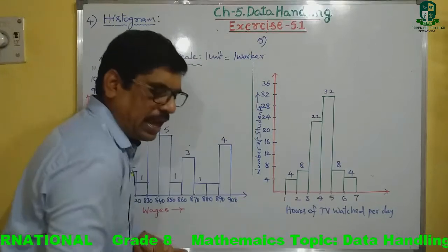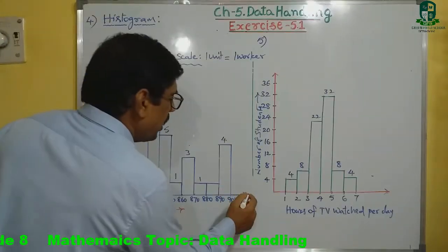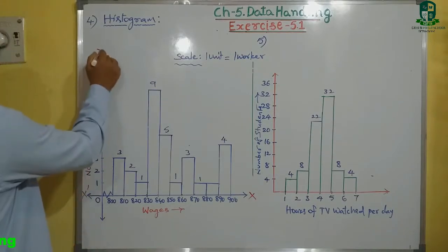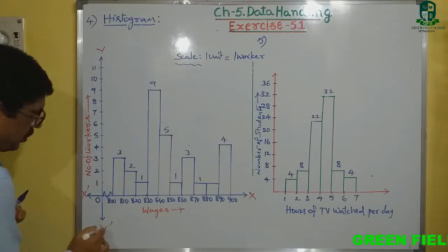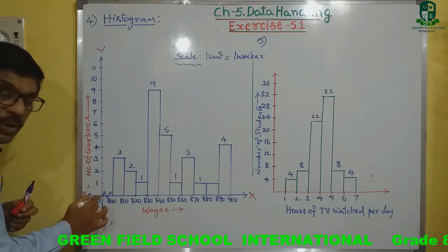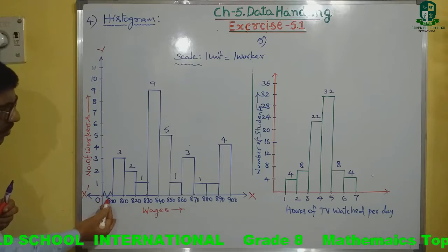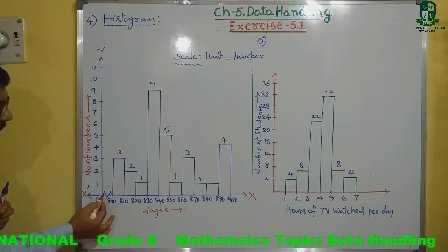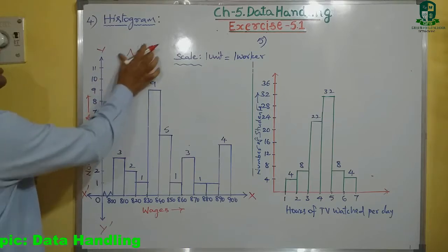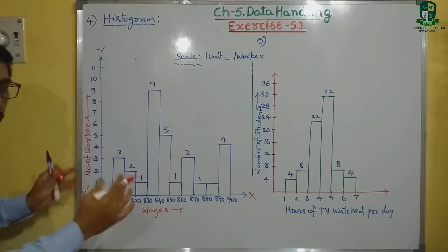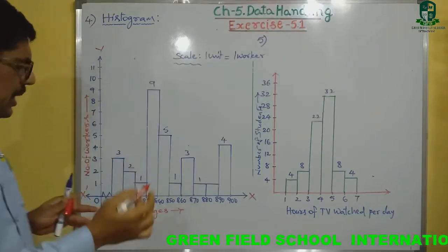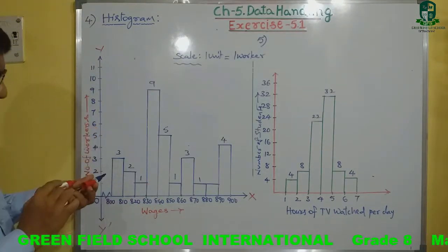This is the x-axis, x dash, and this is the y-axis, y dash. The point of intersection where the x-axis and y-axis meet is called the origin. After 0 we immediately get 800, that's why we have to draw a kink like this. The kink means we have compressed from 0 to 800 into a small space. In order to indicate that, we have to draw the kink also.